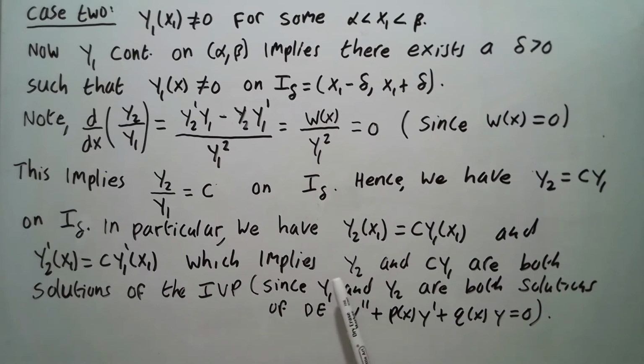This implies that y2 and c y1 are both solutions of the initial value problem. Again, we're assuming that y1 and y2 are solutions of the original differential equation. So we have two solutions of the initial value problem. By the uniqueness theorem, the two solutions must be the same.